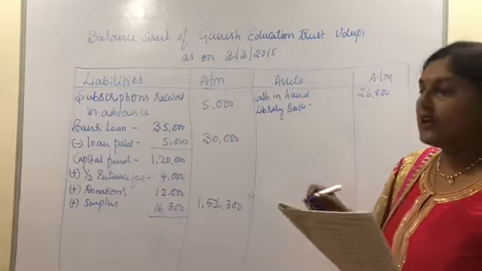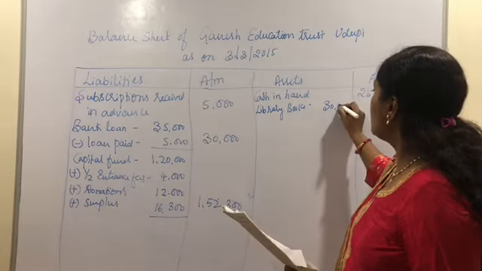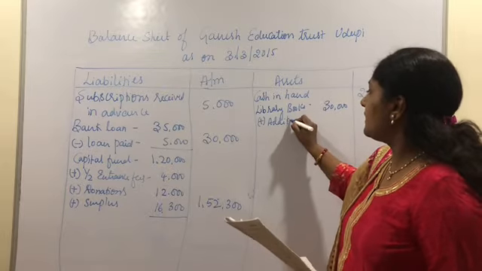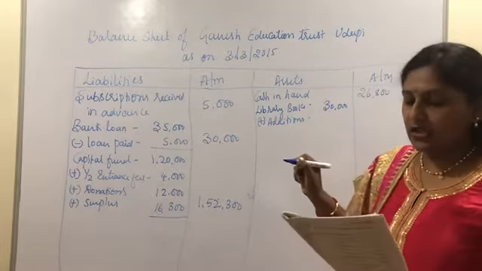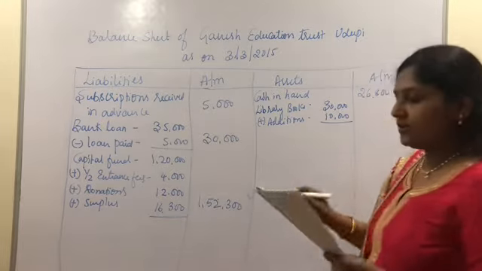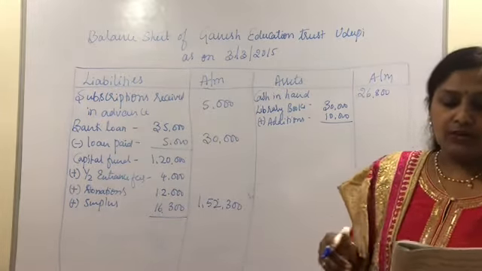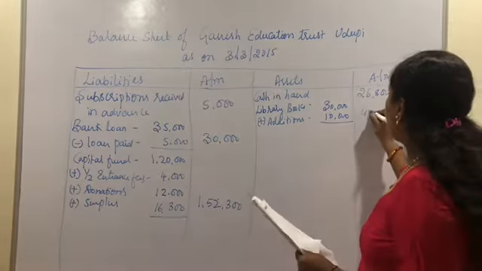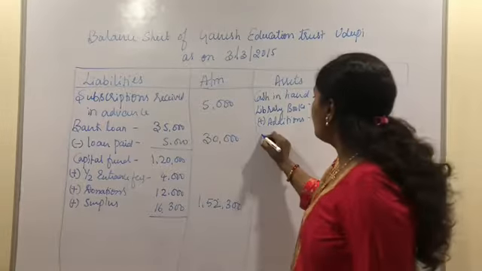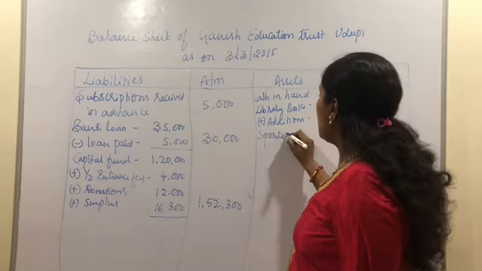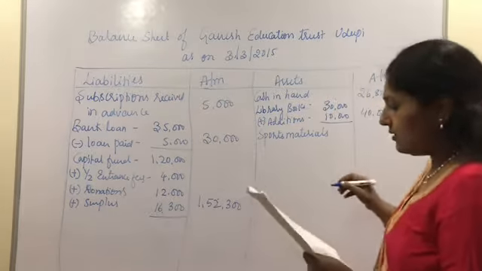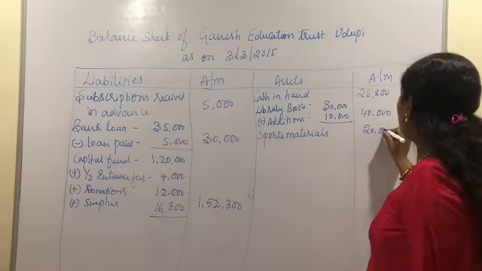The opening balance of library books is 30,000, and then the additional purchases which happened during the year is 10,000, and the total balance of the library books will become 40,000 in the outer column. Next one, we have the sports materials. Without any adjustments, we can write the balance as it is. Sports materials, the balance is 20,000.